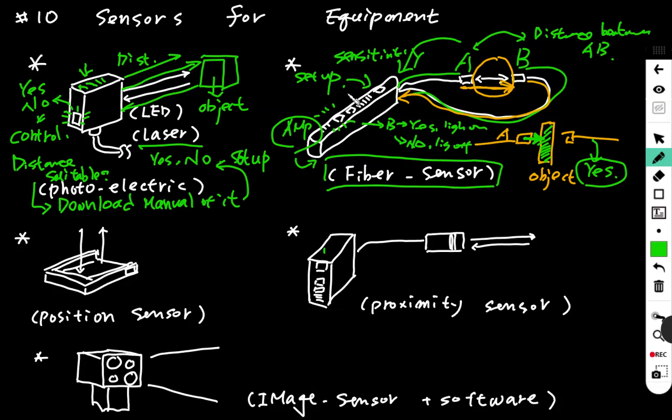We can adjust the sensitivity of the amplifier, and we adjust the distance between A and B for every condition. You can also download the menu to see the details and set it up correctly.